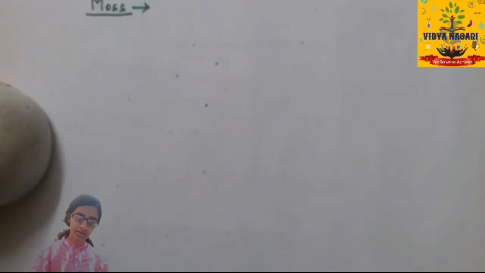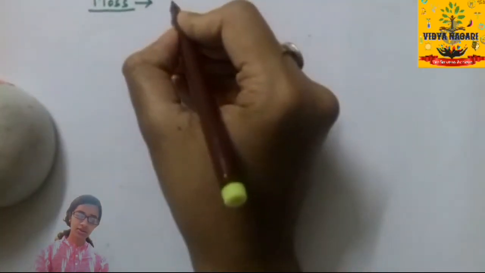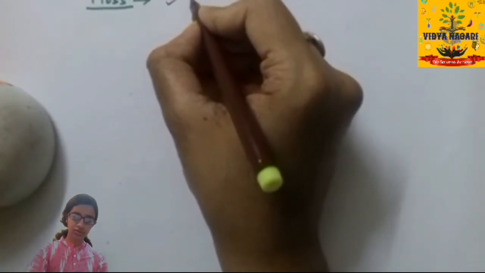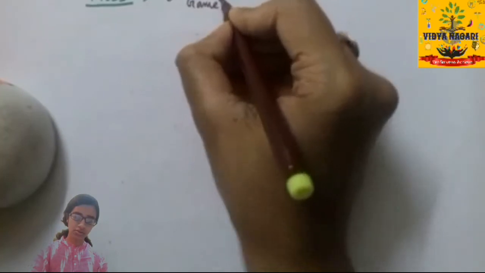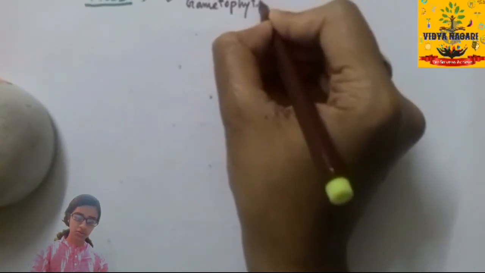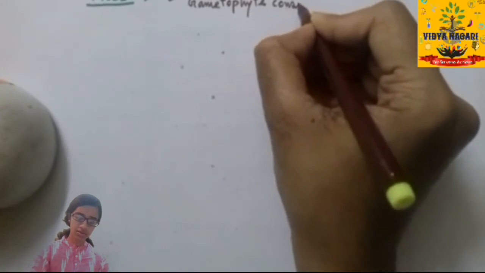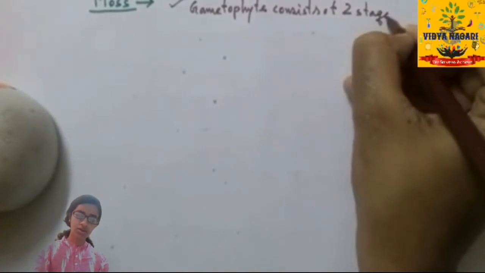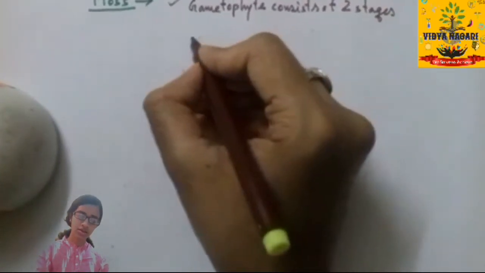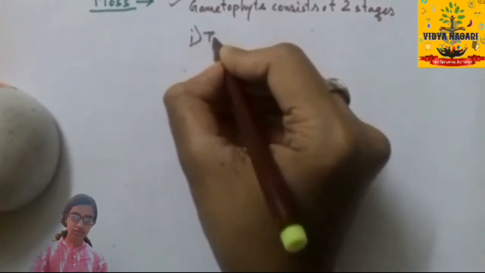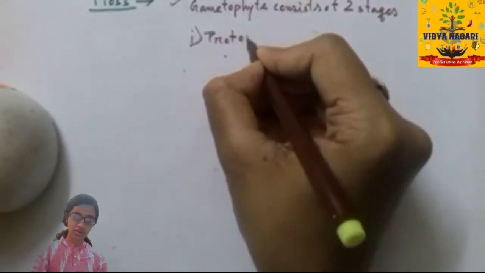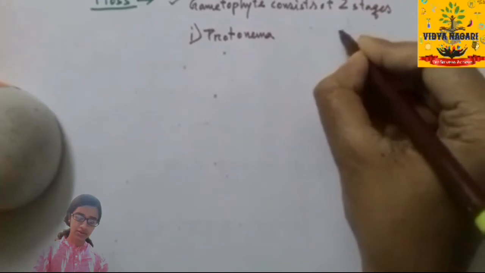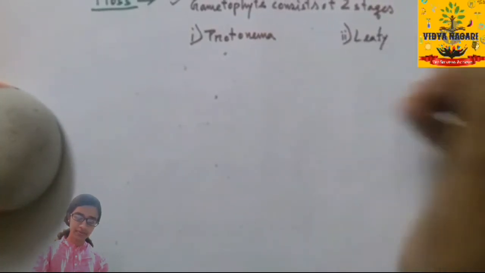Now let's discuss moss. In moss, their predominant stage is the gametophyte, and this gametophyte again consists of two stages. The first stage is the protonema stage, and then the second stage is the leafy stage.